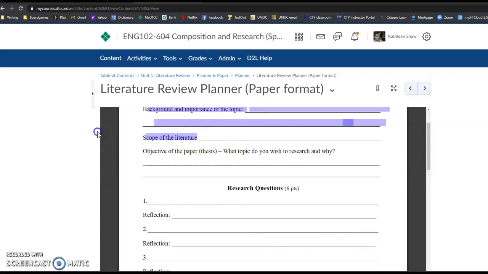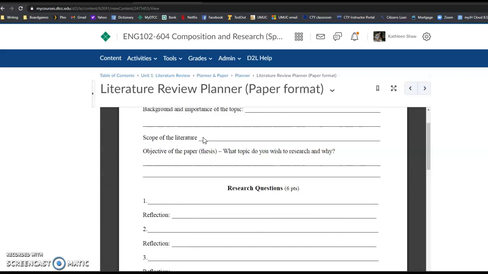This question always confuses people. Scope of the literature means what is out there. You only found two sources that you're going to be particularly evaluating in depth, but you did do research. So, as you were looking, what kind of things did you notice? Was it difficult to find academic articles?